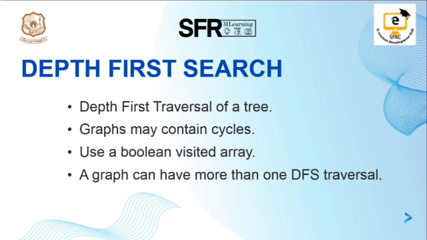Similar to trees, where we first completely traverse the left subtree and then go to the right subtree. The only catch here is that unlike trees, graphs may contain cycles. A node may be visited twice. To avoid processing a node more than once, we use a Boolean visited array.